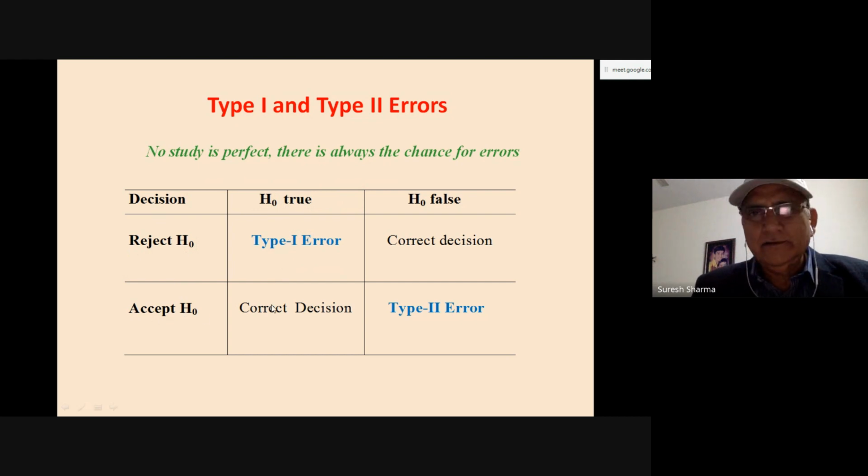Accept H naught when H naught is false. Something is of bad quality. H naught is false means something is of bad quality, and you are accepting that. That is also an error, and that type of error is called type 2 error. And every day we have this error. For example, let's say I want to buy apples and there is a bulk of apples lying over. And I can see from the face that these apples are not of good quality, right?